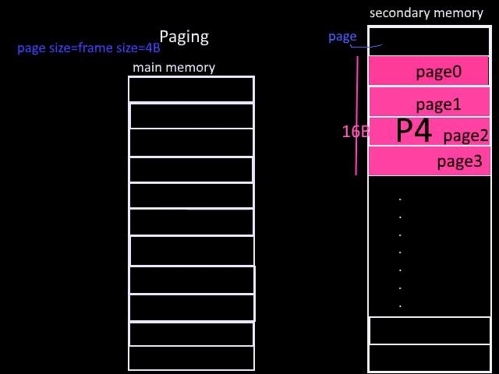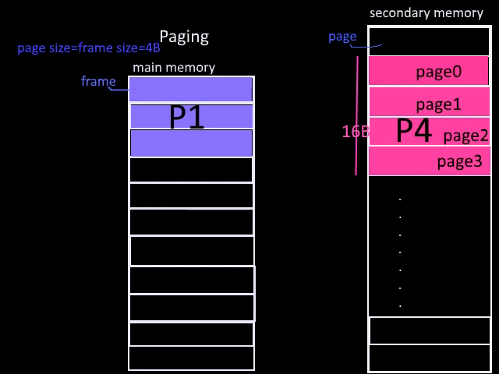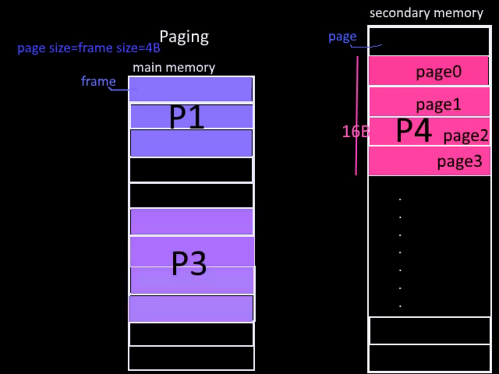Now assume that we have two processes P1 and P3 which have already been loaded to the main memory. In the beginning, there will be enough space in the main memory, so the processes may be allocated contiguously. Assume that P1 and P3 have been allocated contiguous memory space. Now a new process P4 is waiting to be swapped into the main memory.